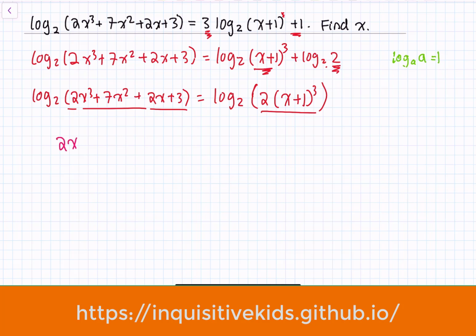So 2x cubed plus 7x squared plus 2x plus 3 is equal to 2 times (x plus 1) cubed. How are we going to simplify this (x plus 1) cubed? Well, we have another formula: (a plus b) cubed is equal to a cubed plus 3a squared b plus 3ab squared plus b cubed.